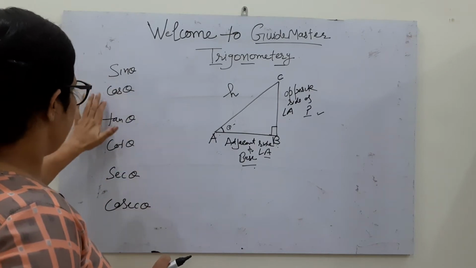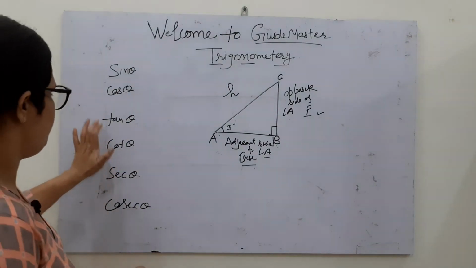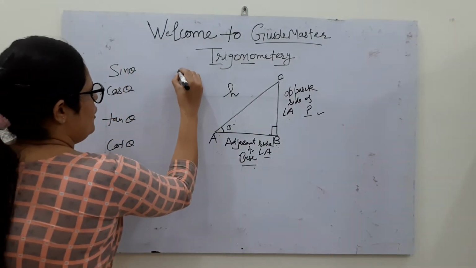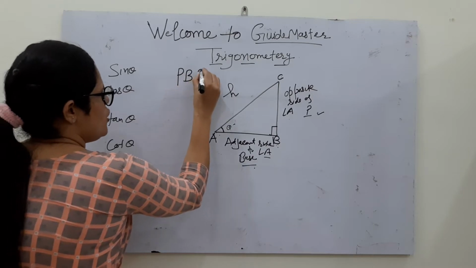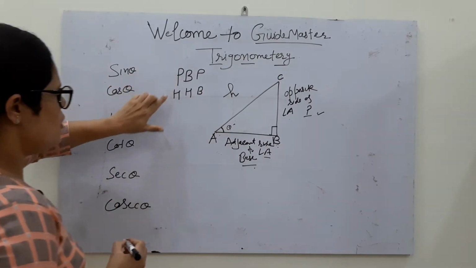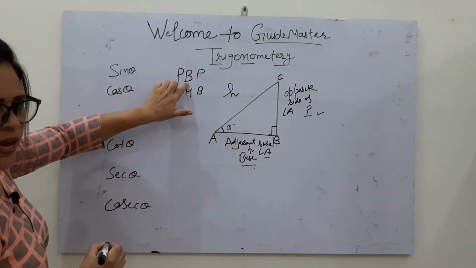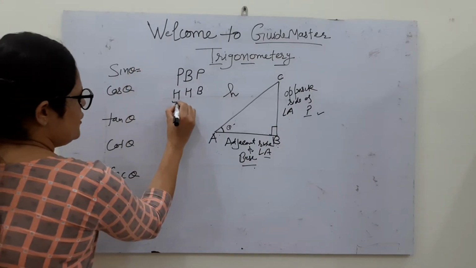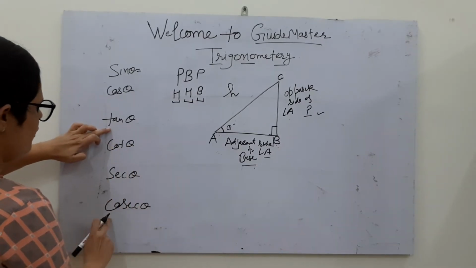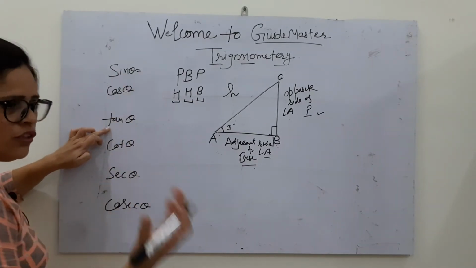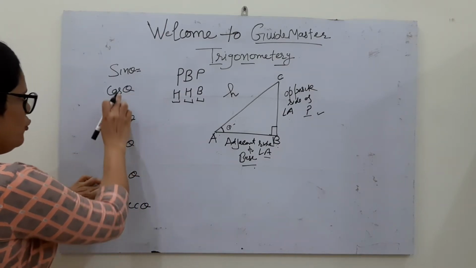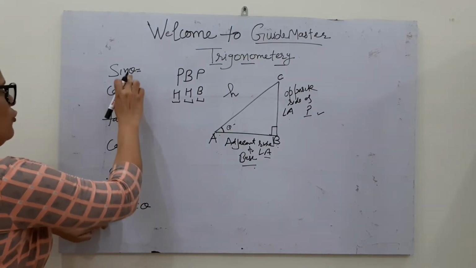Now to remember these trigonometric ratios, एक सिंपल सा कोड याद करना पैना है, that is, पंडित, बकरी, प्रसाद, हर बोले. Here P is the perpendicular, H is the hypotenuse, B is the base. This is sin theta, this is cos theta, this is tan theta, and after that there are the opposites: cot theta is opposite of tan theta, sec theta is opposite of cos theta, cosecant theta is opposite of sin theta.